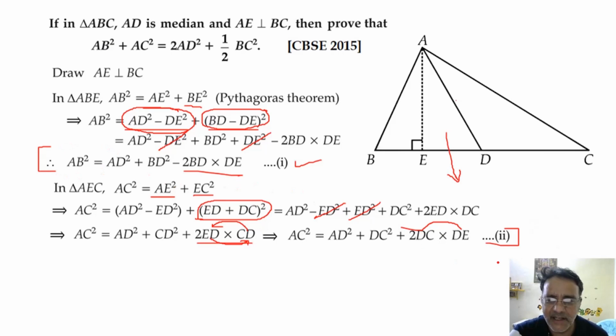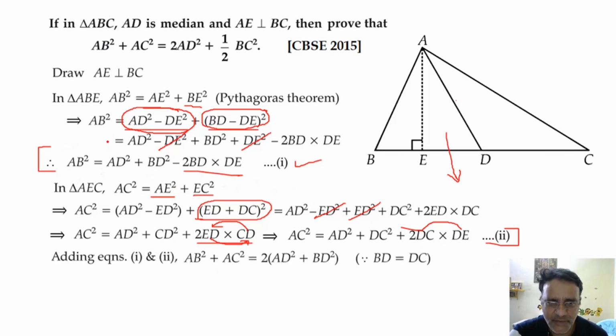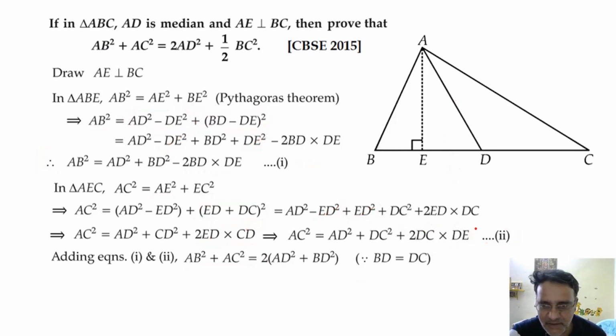So now we are going to add equation 1 and 2. If you add left hand side AB square plus AC square is equals to 2 times of AD square plus BD square. Why? See, ध्यान से देखो, this 2 will be cancelled. Why? Because DC is equals to BD. AD is the median.